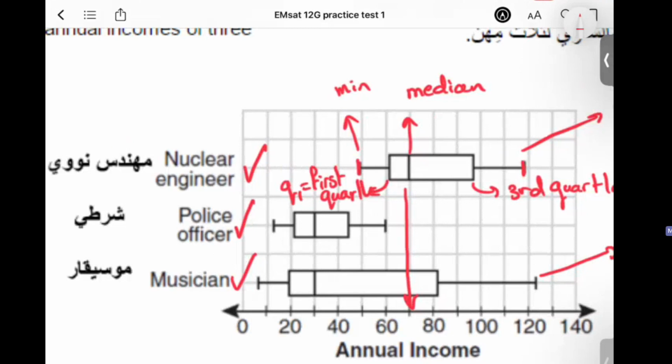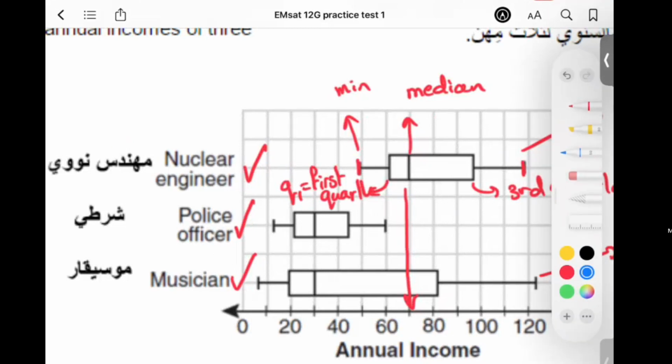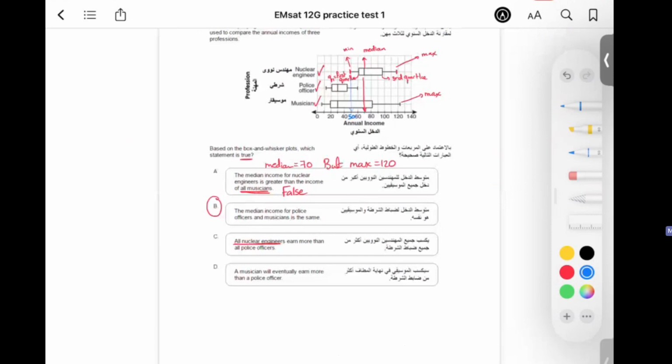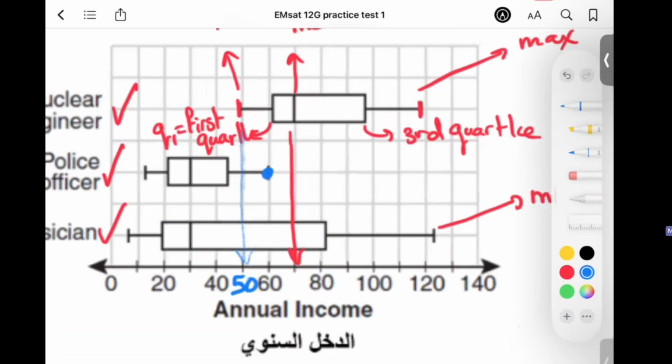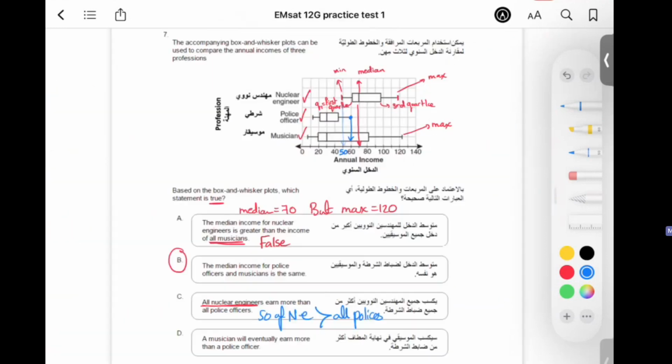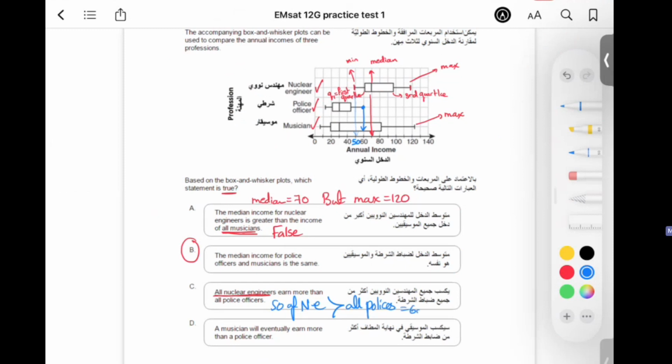When you say all, it means the minimum value of a nuclear engineer, which is 50. According to him, 50 of a nuclear engineer is greater than all policemen. But pardon me, you have policemen who are earning 60. Thus this is a false statement. You cannot say all.